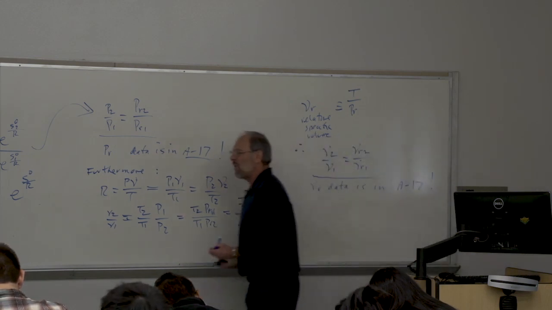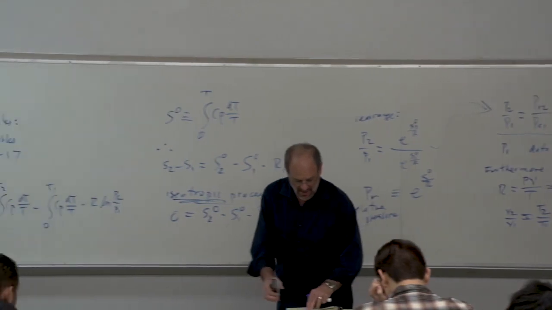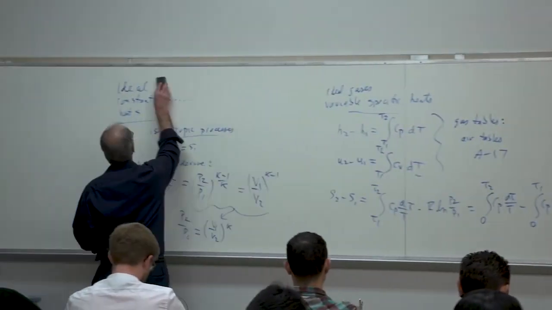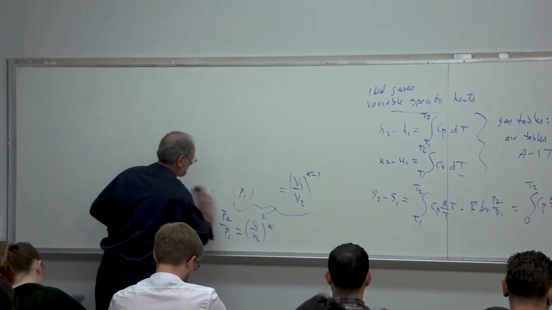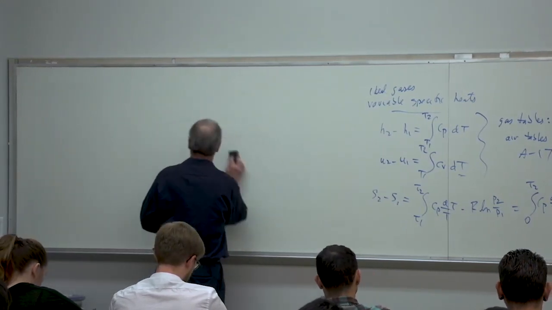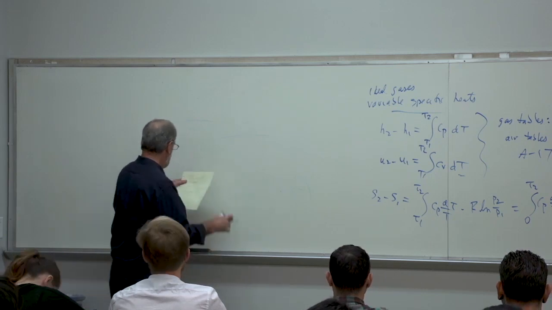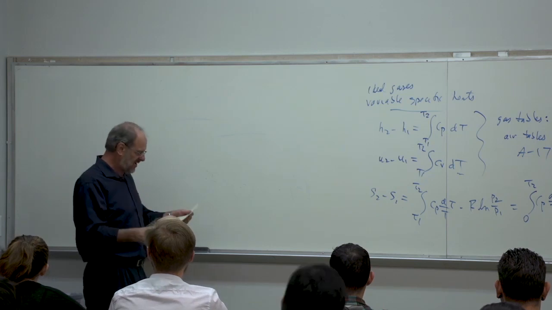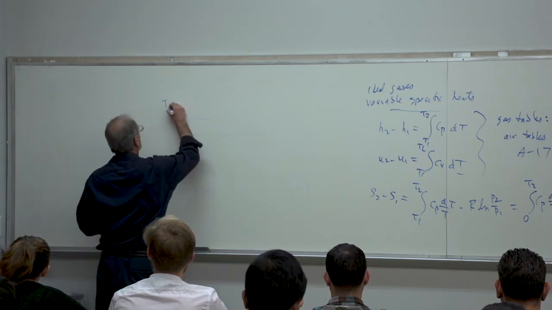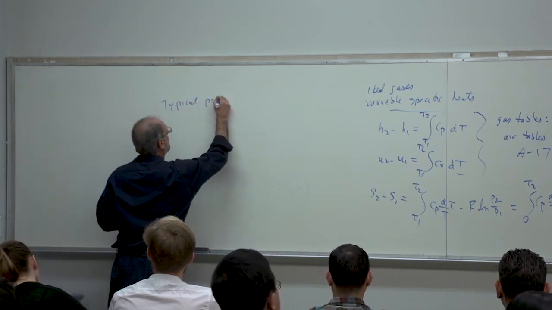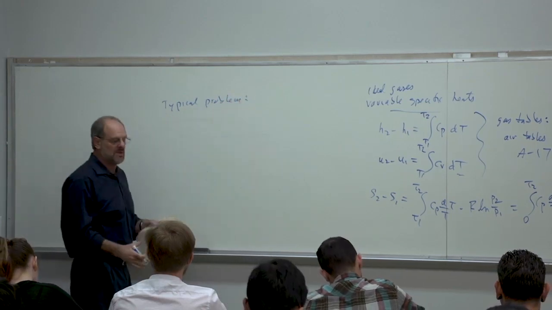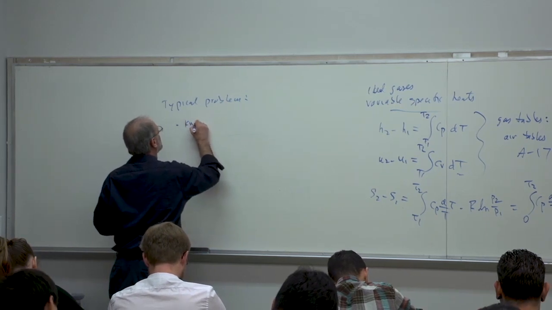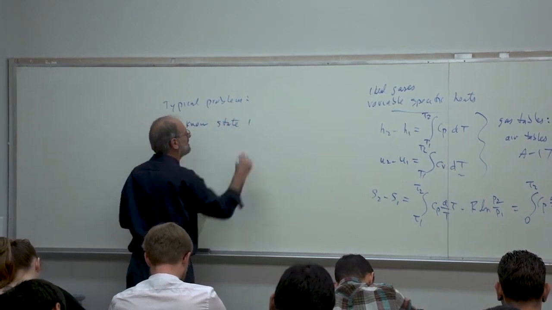Now, what would a typical problem look like that's isentropic? Just so you know what we might want to use this for: isentropic processes, ideal gases, variable specific heats, typical problem. In a typical problem, we're going to know state 1.